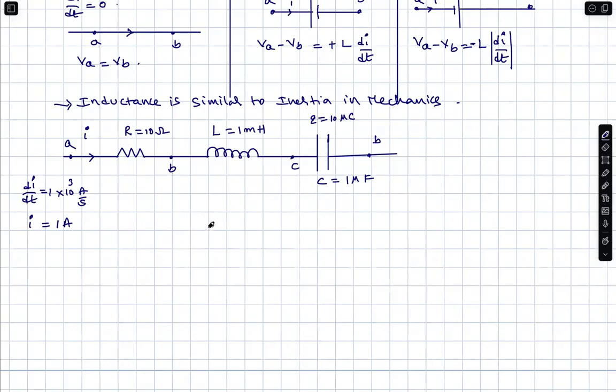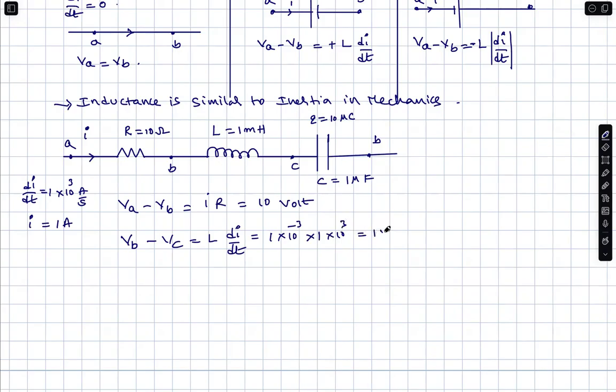Right. No issues. VA minus VB, I will write it as current into resistance, and that is 10 volt. VB minus VC is L di by dt, 1 into 10 power minus 3 times di by dt, 1 into 10 power 3, which is 1 volt.